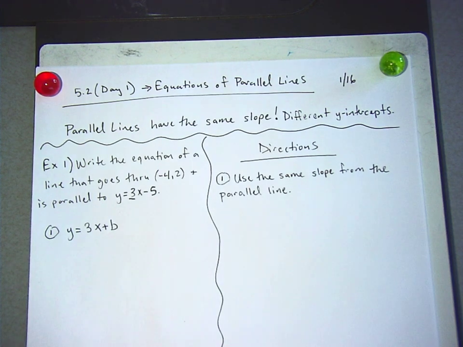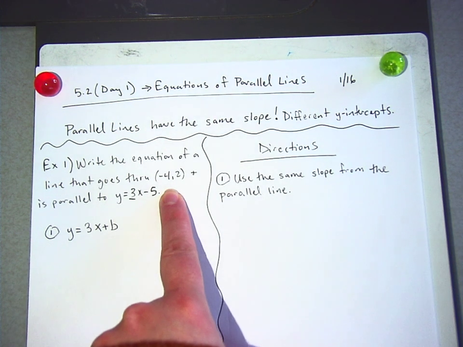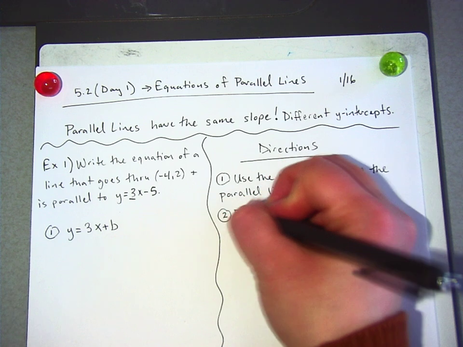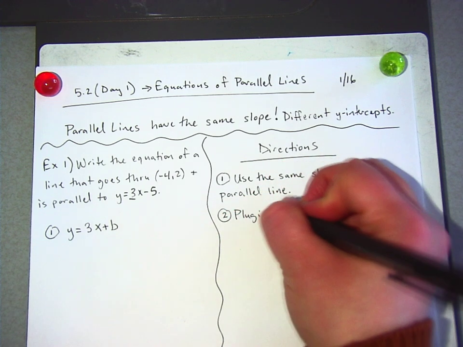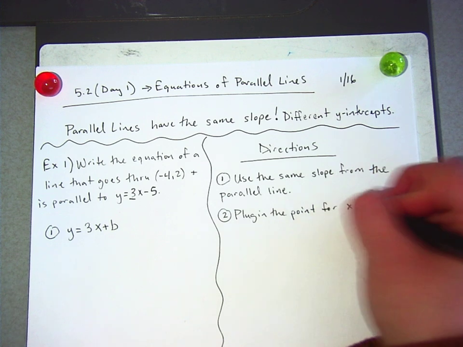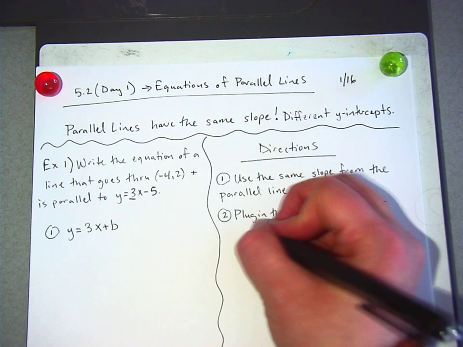What did we do before? You plug in the point, (-4, 2). So step 2: plug in the point for x and y, and solve for b.